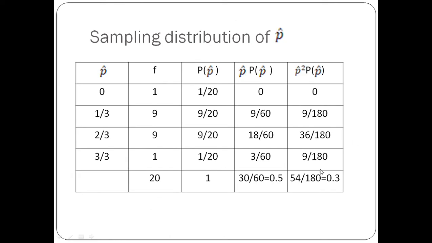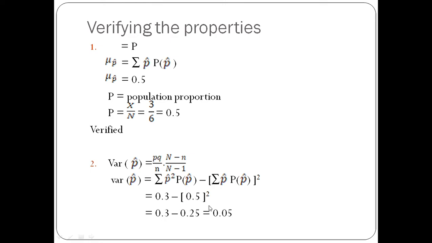In the previous slide, I calculated summation p cap into probability of p cap and p cap square into probability of p cap. So I have put in the values, and after computing this left hand side, we get the final answer 0.05.